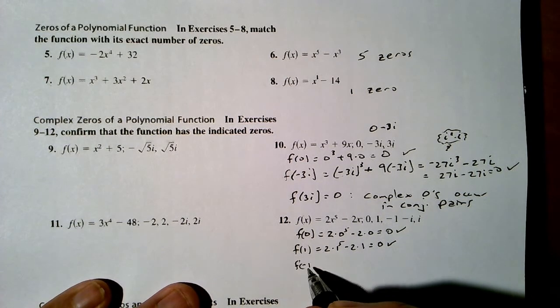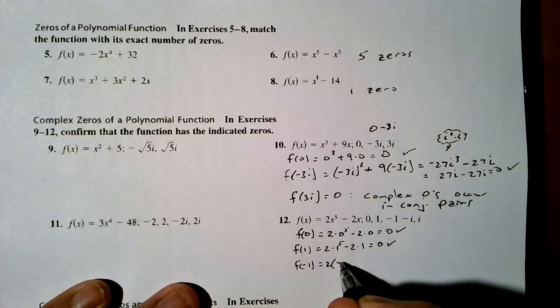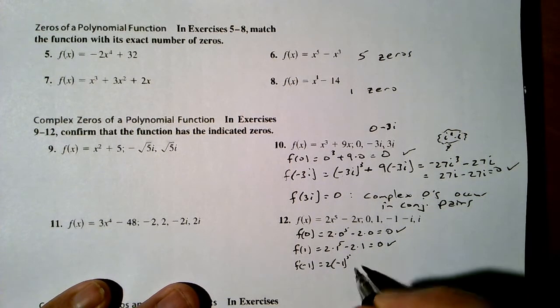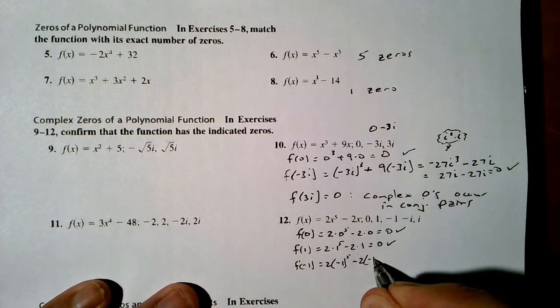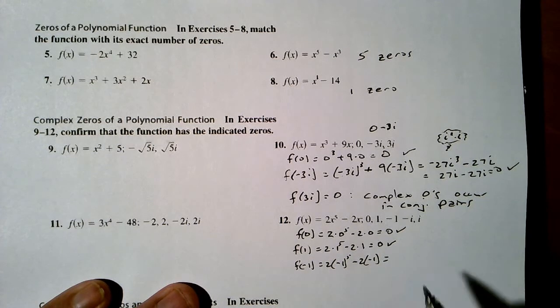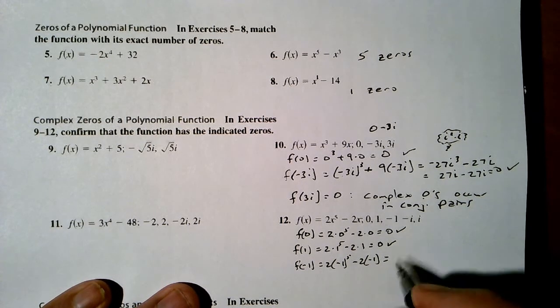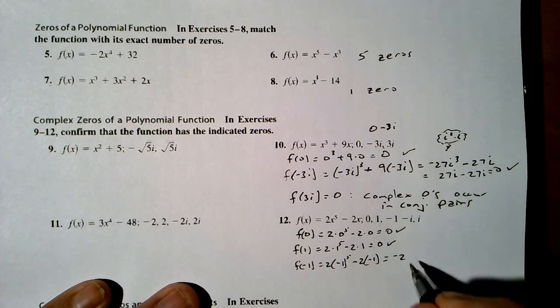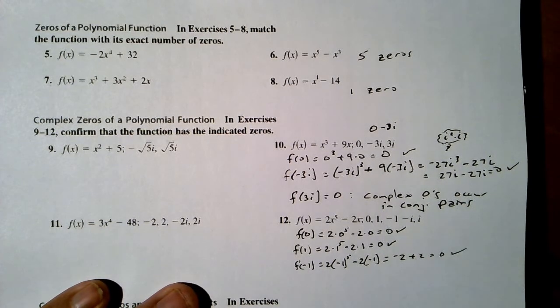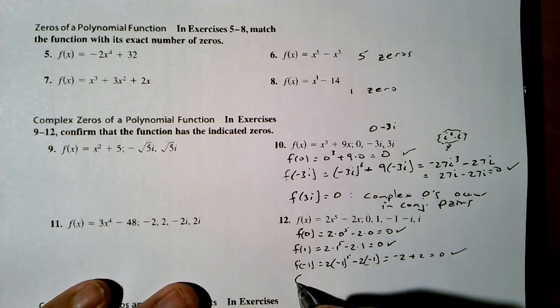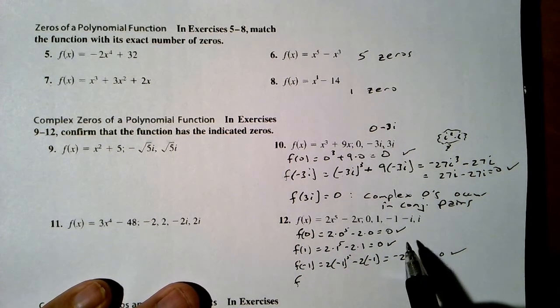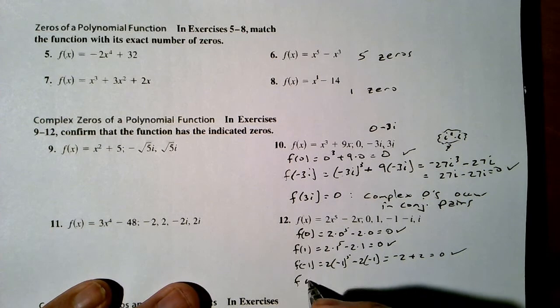F of negative 1 is 2 times negative 1 to the 5th minus 2 times negative 1, which is negative 2 plus 2, which is 0. Check. And I'm going to go with f of I here.